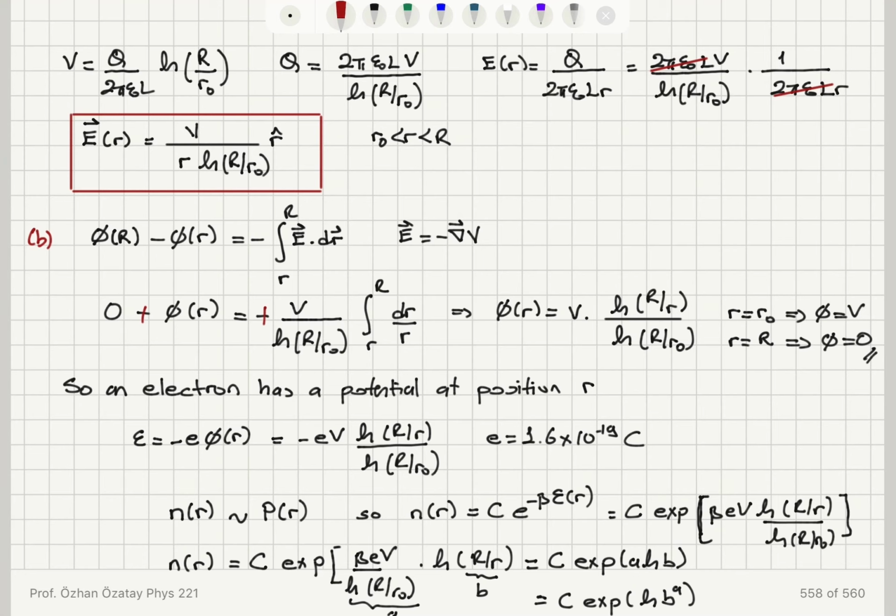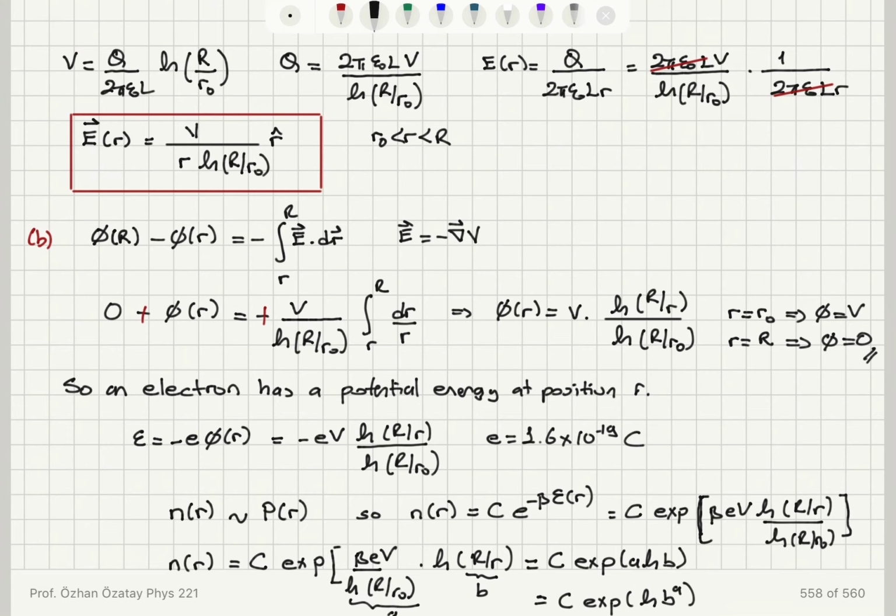So an electron has a potential energy at position r. So it sees this potential multiplied by e, which gives me the potential energy it's going to feel, which is minus eV natural log of capital R over r, divided by natural log of capital R over r0.